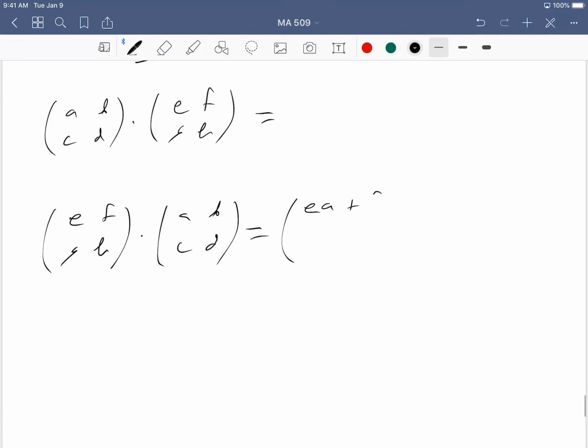So if I do the E, F, G, H times A, B, C, D thing, I get EA plus FC as my top left entry. That's first row, first column. And then my next entry, first row, second column, I get EB plus FD. And then I get a GA plus HC and a GB plus HD.